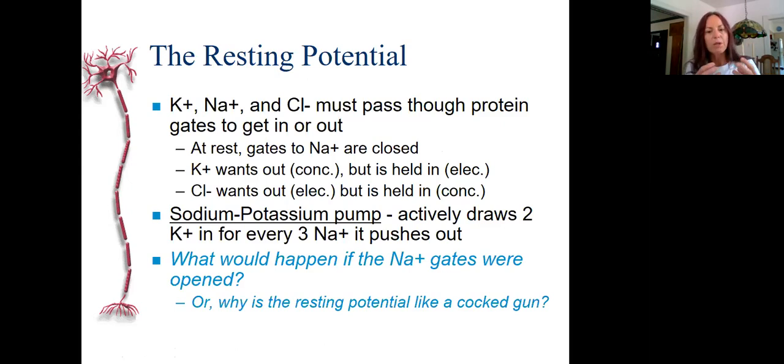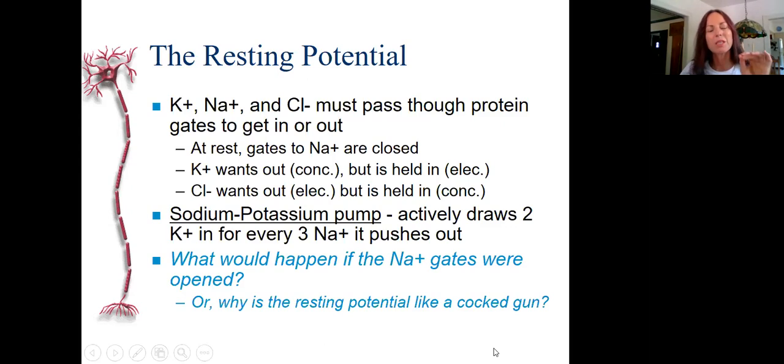Chloride wants out because it doesn't like that negative environment, but it's held in by the concentration gradient because there's a lot of concentration of chloride outside, and so the concentration gradient would want to draw it in.